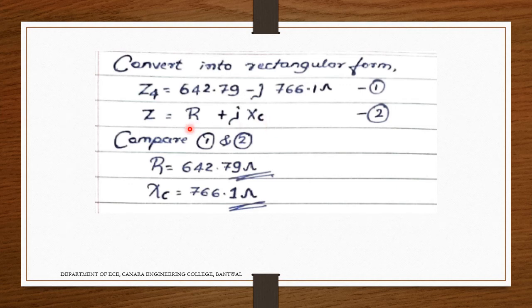So comparing this, R is equal to 642.79 and X is 766.1. We need not mention minus because it's already mentioned that it is capacitive in nature, not inductive. So R is equal to 642.79 and X is equal to 766.1 ohm.